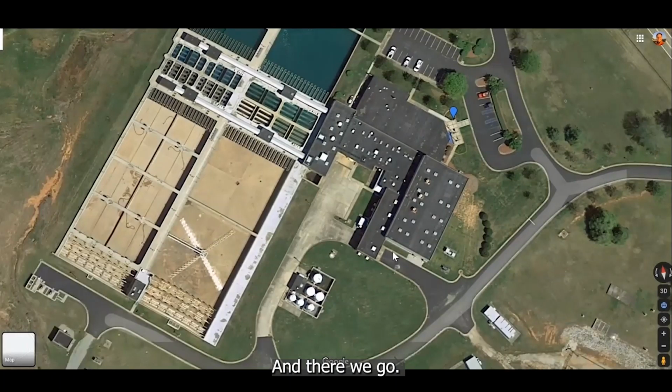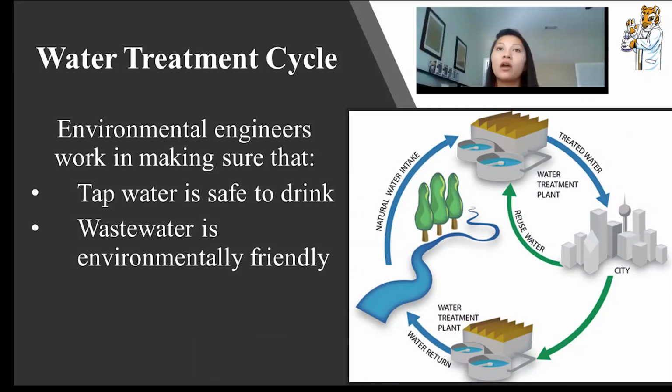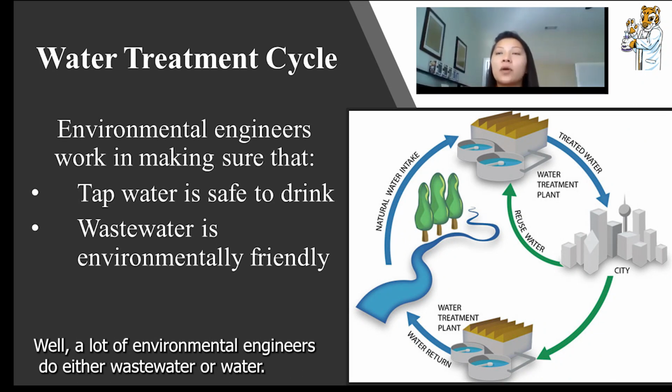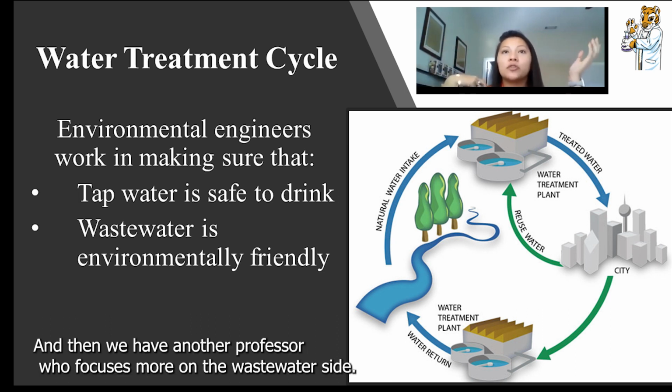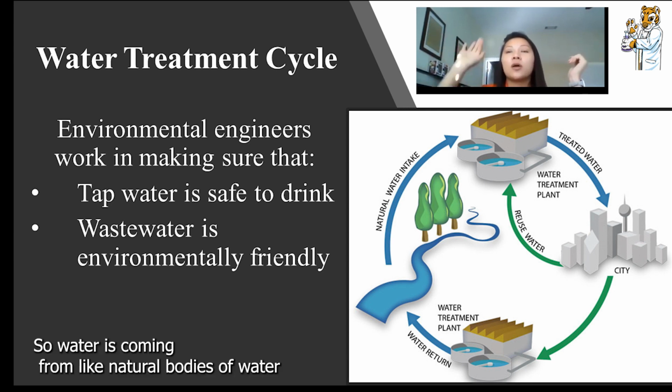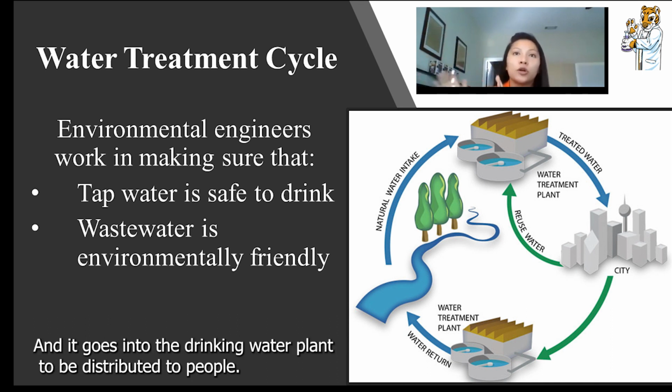And there we go. This is one example of what environmental engineers do. A lot of environmental engineers do either wastewater or water. Dr. Ladner focuses more on the water side, and we have another professor who focuses more on the wastewater side. Water comes from natural bodies of water, like lakes or streams, and goes into the drinking water plant to be distributed to people.